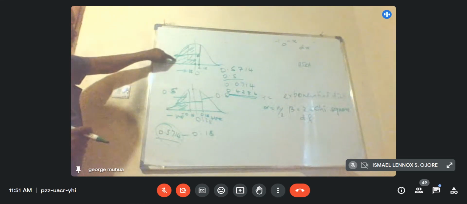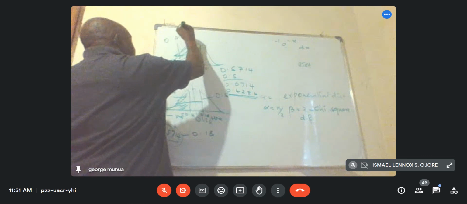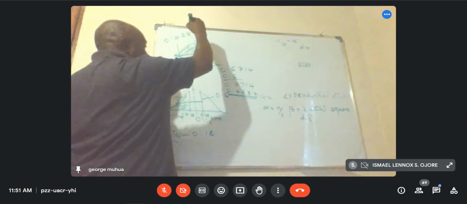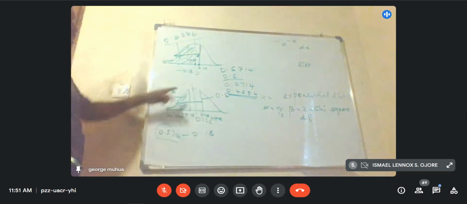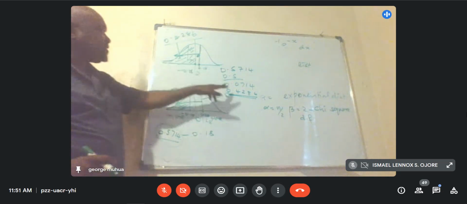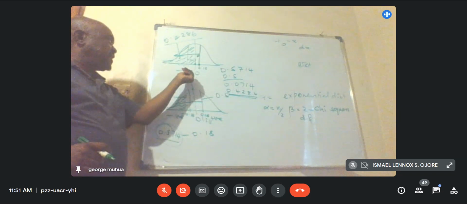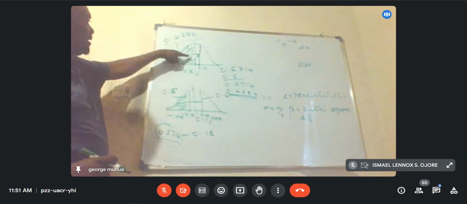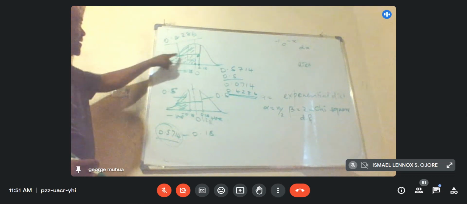This area here is 0.4286, because this small area, between 0 and negative 0.18, is 0.0714. And I want the left of this. The left of this is this one.